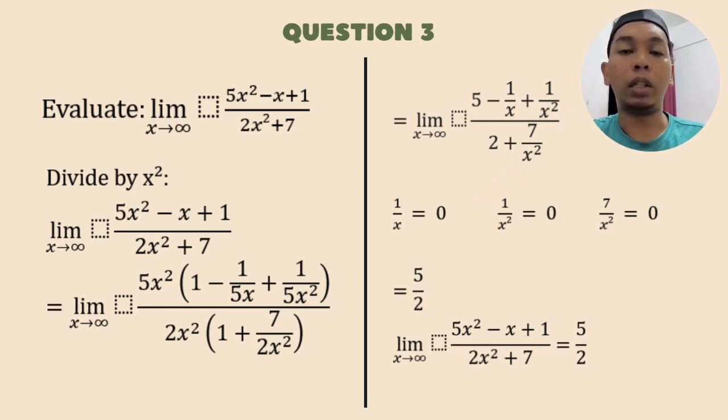Now, as x approaches infinity, the fractions 1 over x, 1 over x², and 7 over x² all approach 0. This simplifies the expression to 5 over 2. Therefore, the limit is 5 over 2.